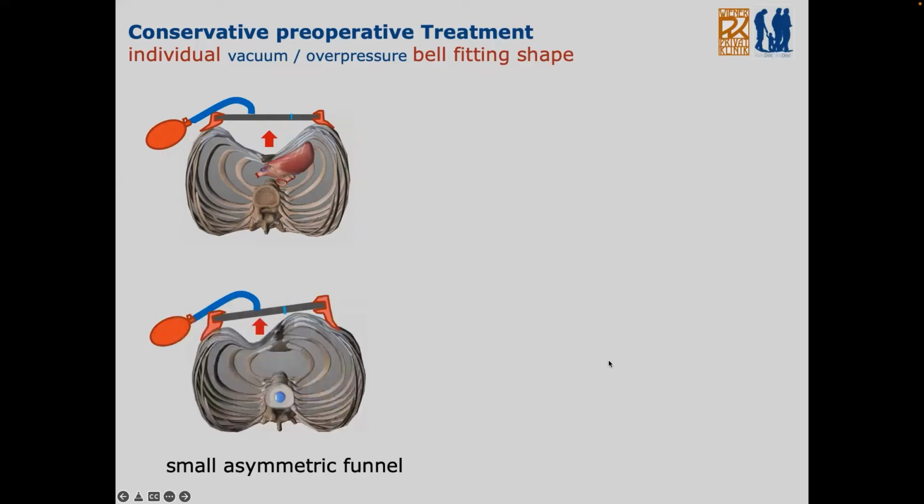In cases showing special shapes, asymmetric shapes, for example, an asymmetric narrow funnel, the available shape of the bell is not suitable. As you can see here, it is too large and leads, due to an elevation, also to a formation of a carinatum deformity.